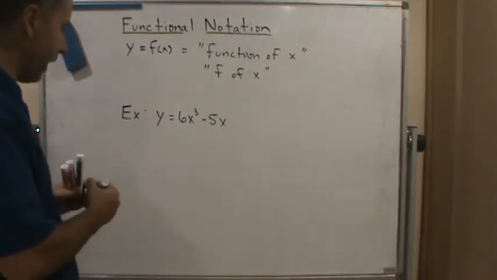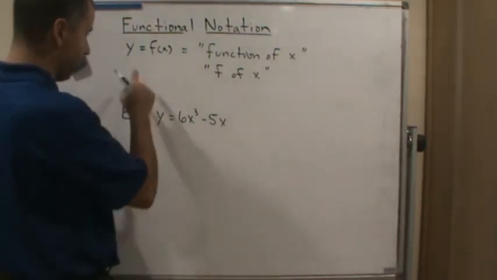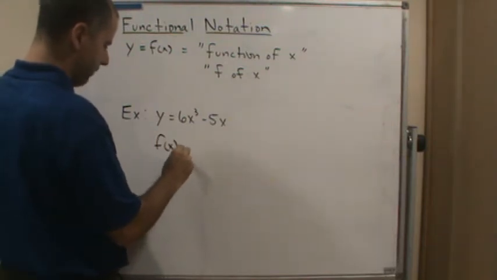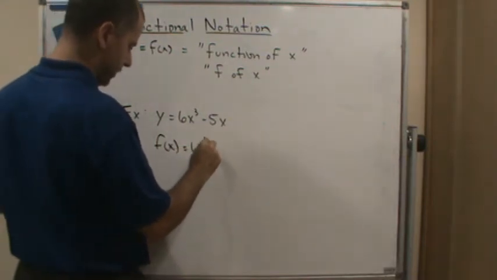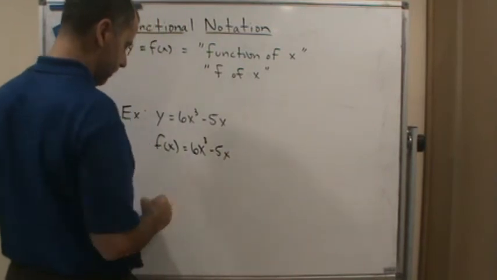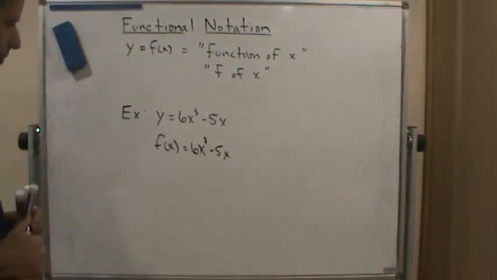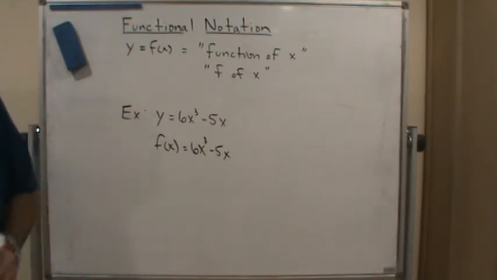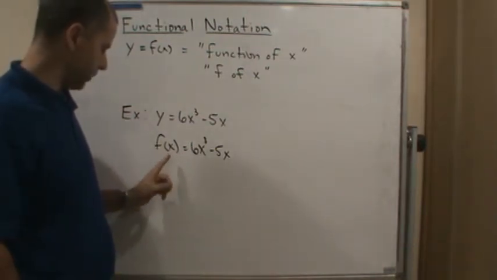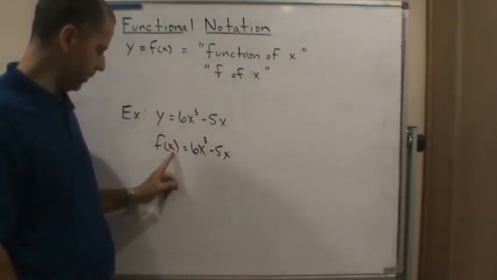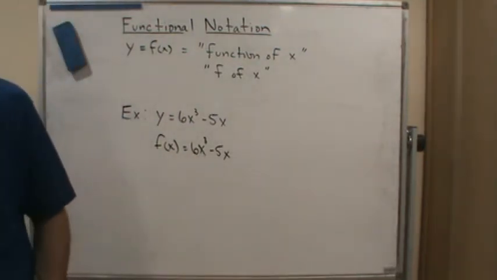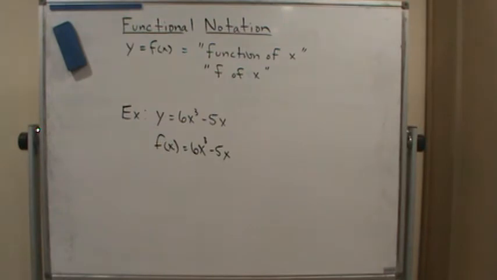So we could rewrite this as y equals f of x. So we could say f of x is equal to 6x cubed minus 5x. And it shows that this is a function of x. So whatever goes in here goes in where the x's are. We can substitute in for x.